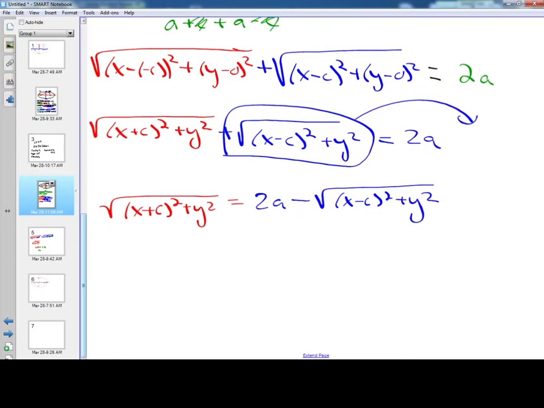I want to get rid of this radical first, so I'm going to square this side, which means I have to square this side. Now the nice thing about squaring the square root is that I'm left with what's inside. So this simply becomes the quantity x plus c squared plus y squared equals.